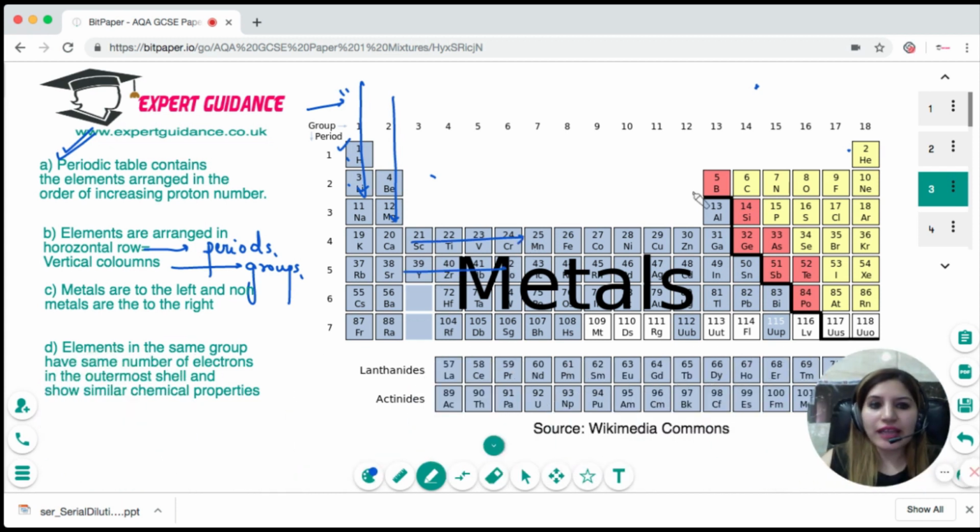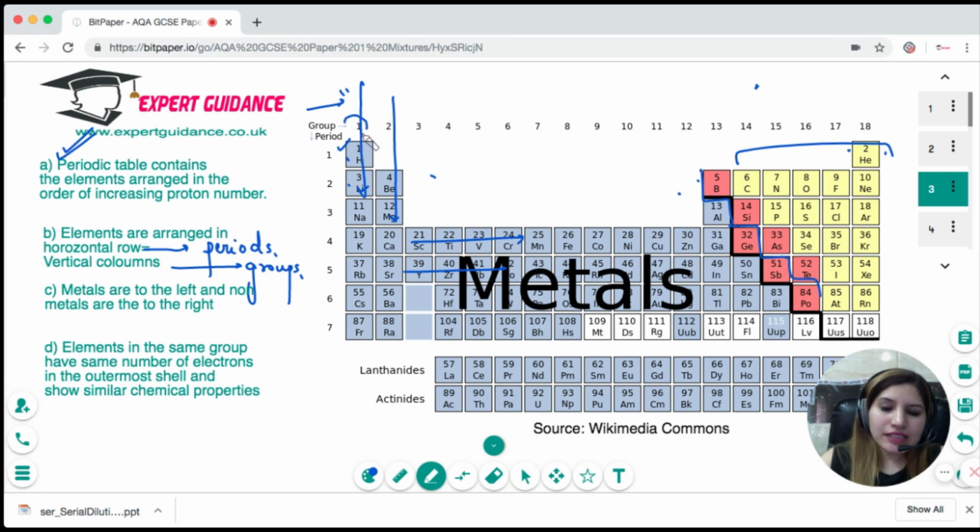If you look at this, we draw a zigzag line on the periodic table. All the elements to the left of the zigzag are metals, all the elements to the right, which are colored yellow in this image, are non-metals, and the ones on the zigzag are the semi-metals. Semi-metals, or metalloids, have properties of both metals and non-metals.